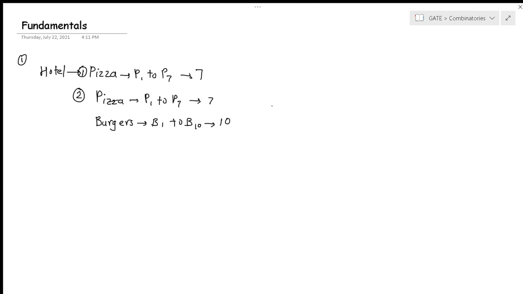If you go with the pizza, you have P1 to P7, or if you go with a burger, again you have 10 choices, B1 up to B10. So through this diagram we can see that there are 10 endpoints for the burger and 7 for pizza, so total 17. So there are a total of 17 ways, right? You guys agree with me?